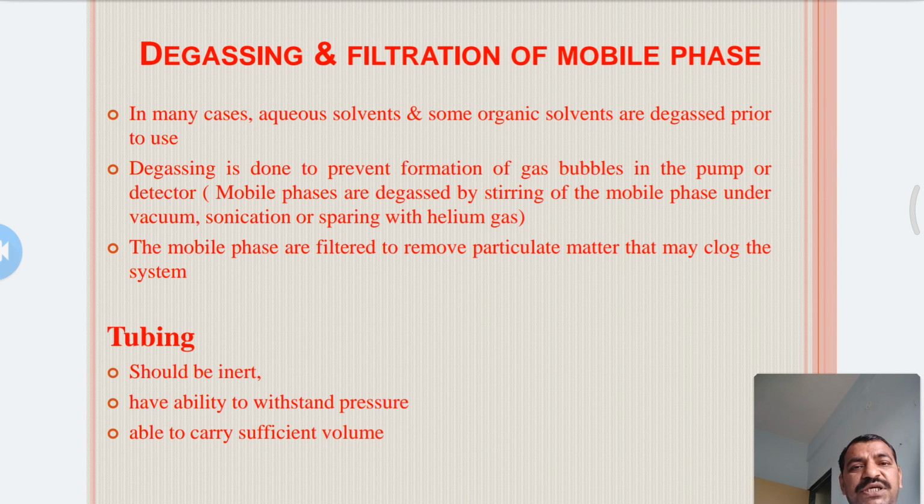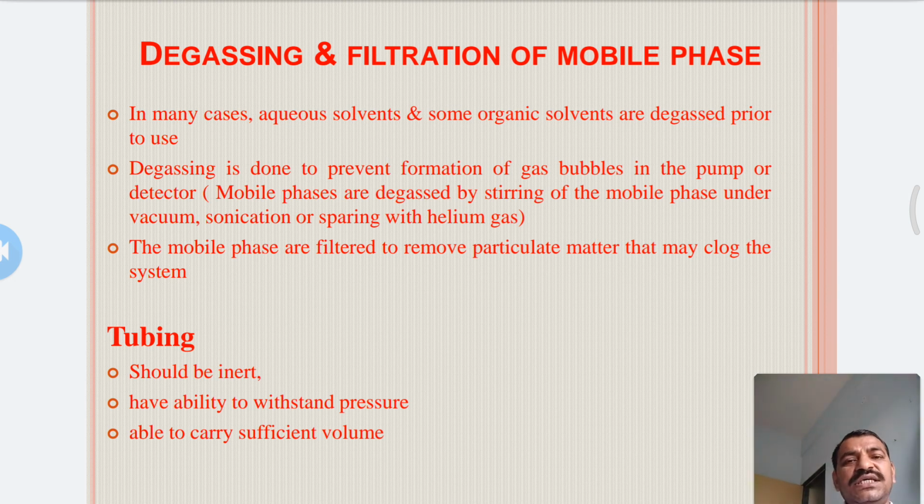Second is the tubing. What is tubing? It should be inert and able to withstand pressure. High performance liquid chromatography uses high pressure, so the column tubing must withstand the pressure, hold it and not crack.